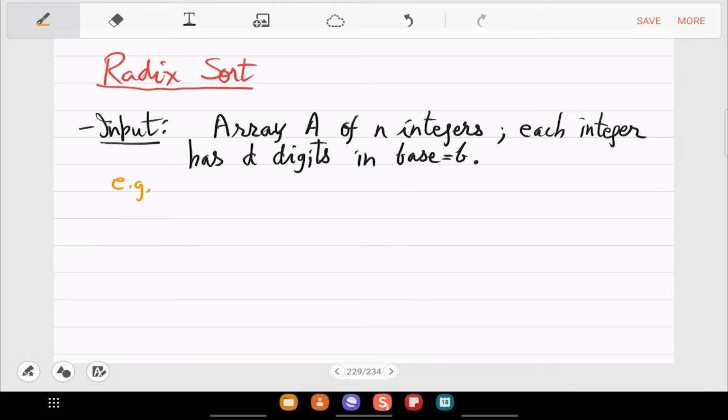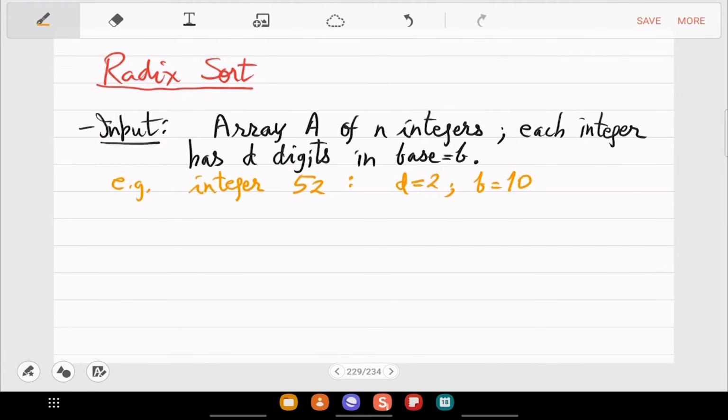So it means that suppose one of the keys is 52. Then in this representation, in the usual decimal representation, how many digits you see? 2 digits. And what is the base? 10.